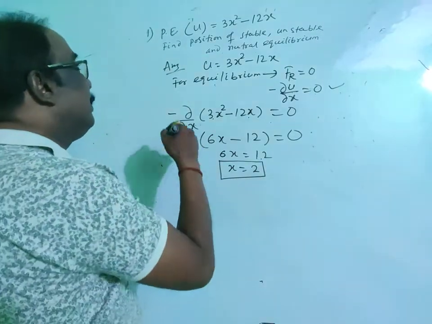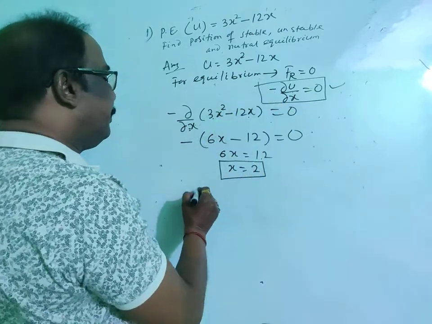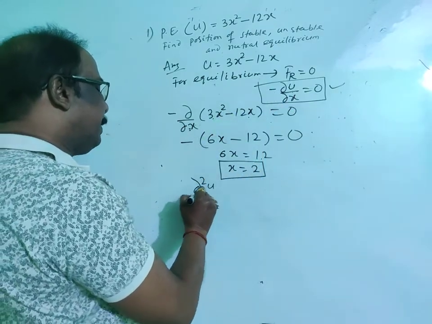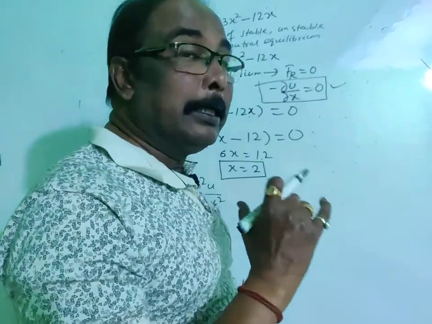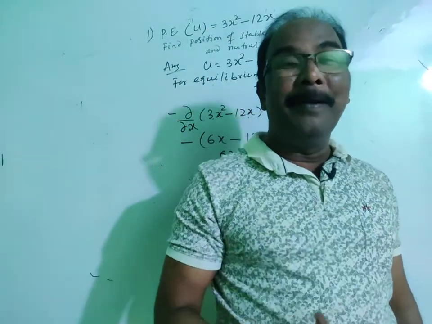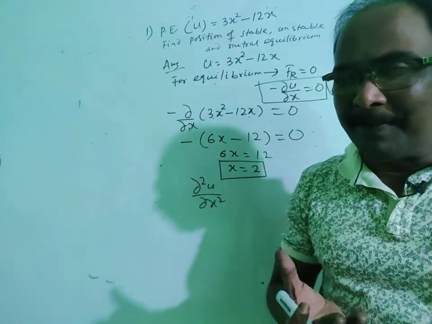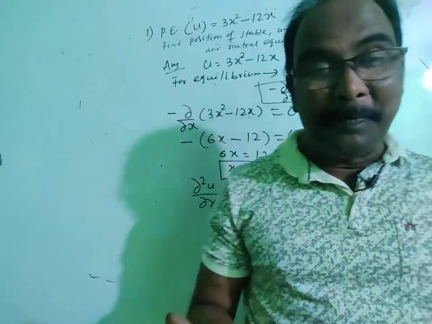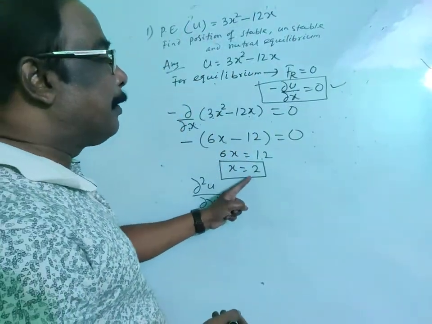Okay. Then the next condition: we need d square u by dx square, to get the condition for stable, unstable, or neutral equilibrium. Let's see what type of equilibrium comes for x equal to 2.